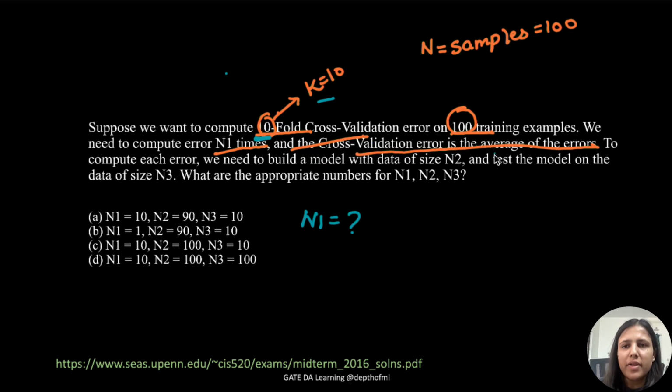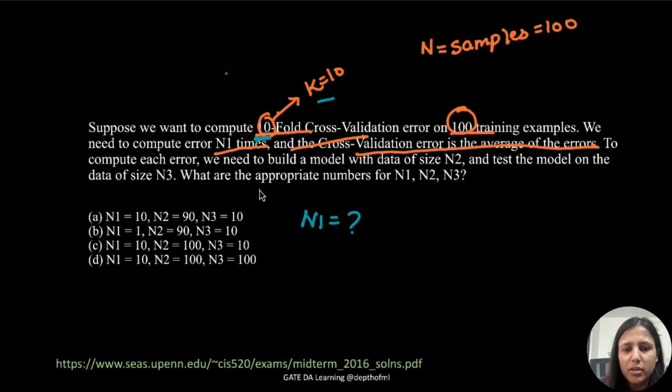The cross validation error is the average of the errors. So in cross validation, once we have trained all the models and computed the error on each of them, we just take the average and say that this is the error for the whole data. Now to compute each error, we need to build a model with a data size of n2.